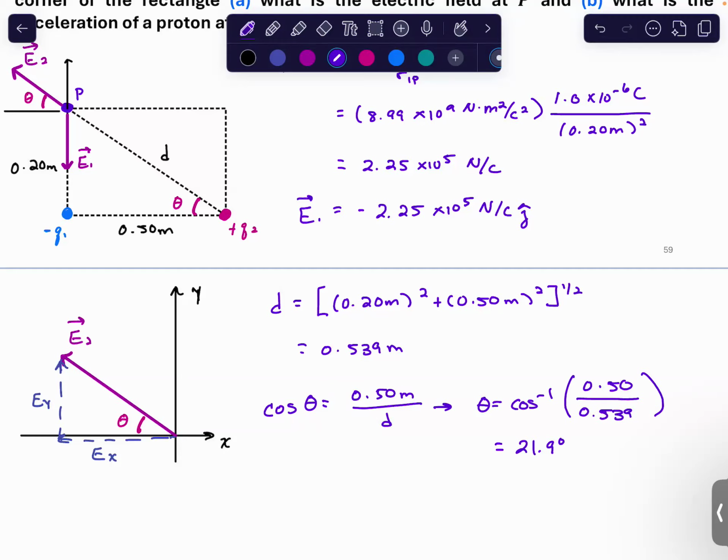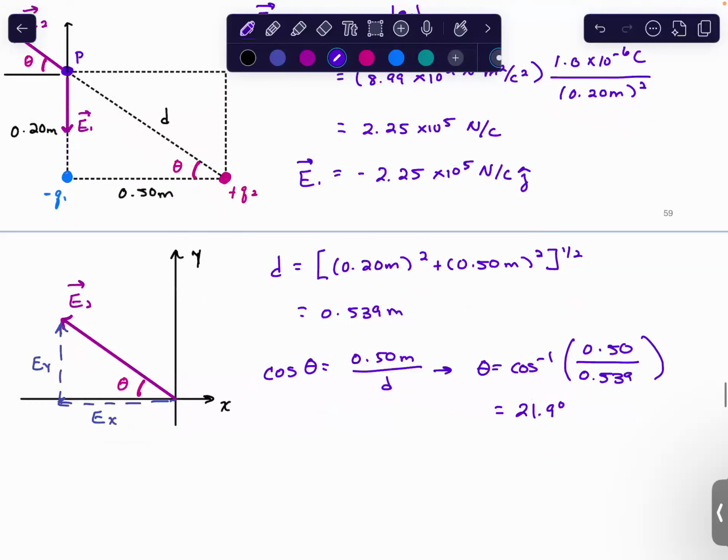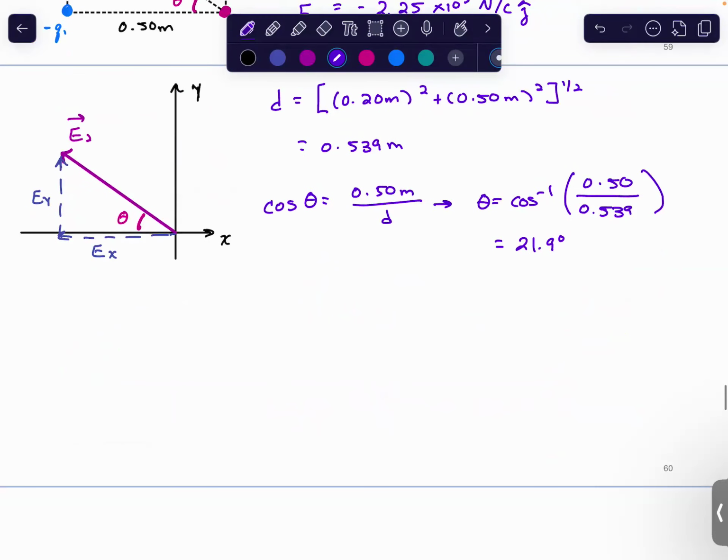Now we're ready to figure out our components. Well, kind of. We need our magnitude for E2 first.